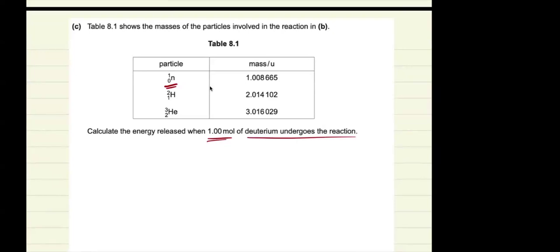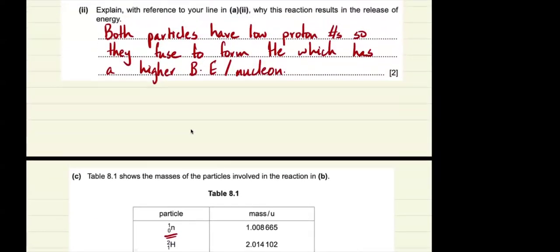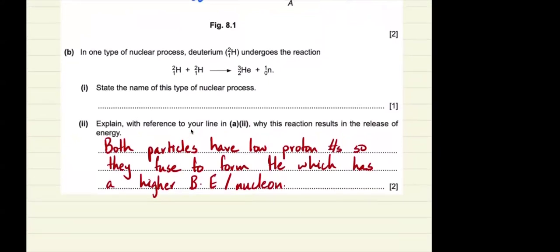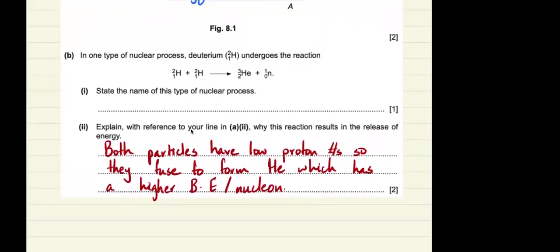So first of all, what I can do is I can just find out the mass defect, and using that, I can then use E equals mc squared to find out that energy, right? So 1 mole of deuterium. So first let's do this. Again, this is just the difference between the reactants and the products, their masses.